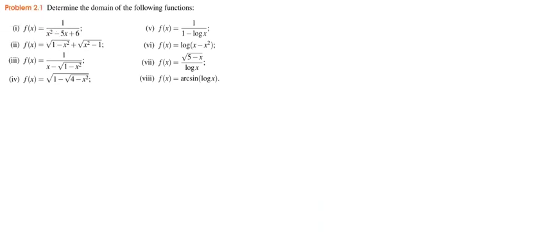And then finally, 8, f of x is the arc sine of the logarithm of x. Now again, two conditions: x has to be greater than 0, because otherwise the logarithm is not defined, and then the domain of the arc sine.